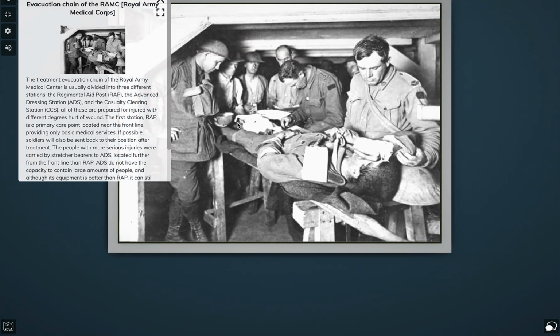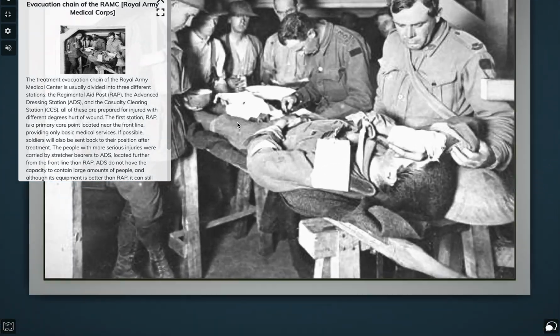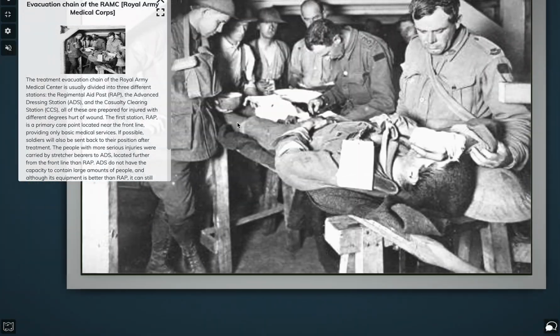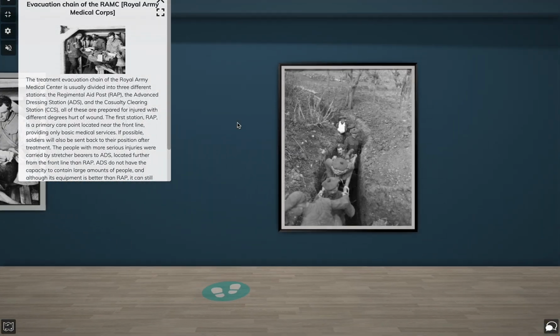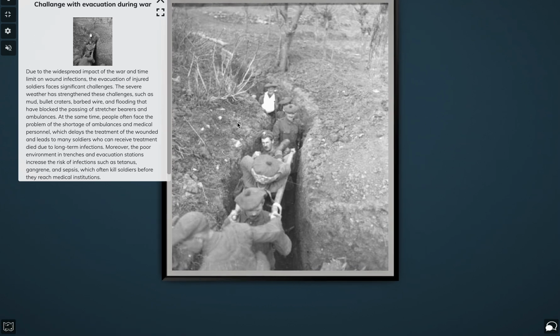The evacuation chain of the RAMC. The treatment evacuation chain of the RAMC is usually divided into three different stations. All of these are prepared for injuries with different degrees of wound.